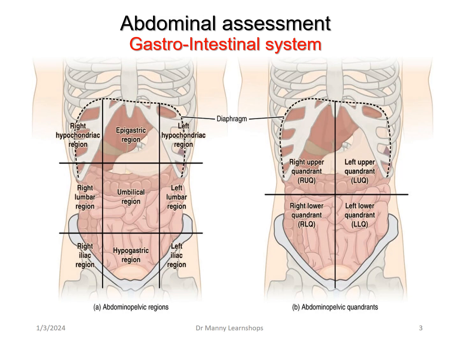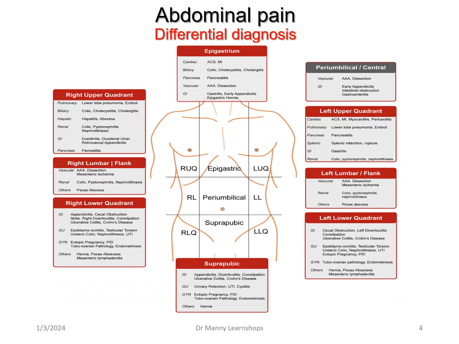And review the images to have an idea what organs are located within the quadrants and the regions. The diagram that you're looking at below is a combination of the quadrants and the regions, and it can be very, very helpful in determining where abdominal pain could be coming from, which provides you with a differential diagnosis.